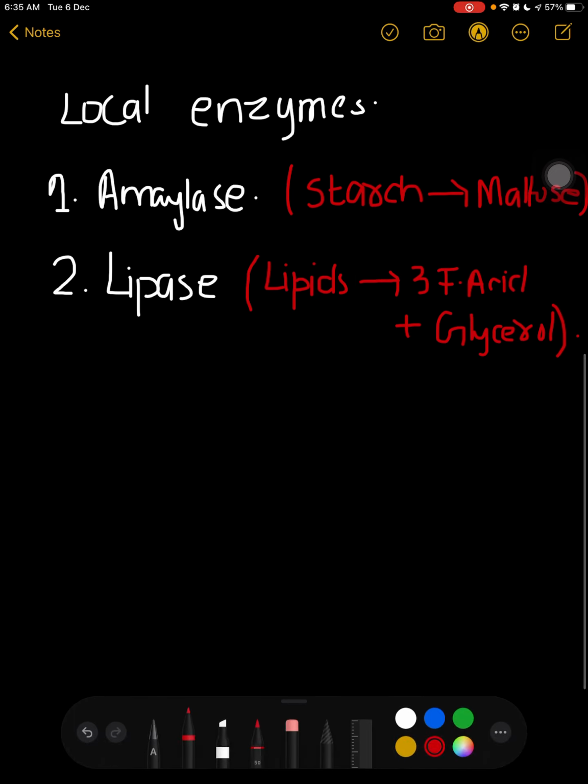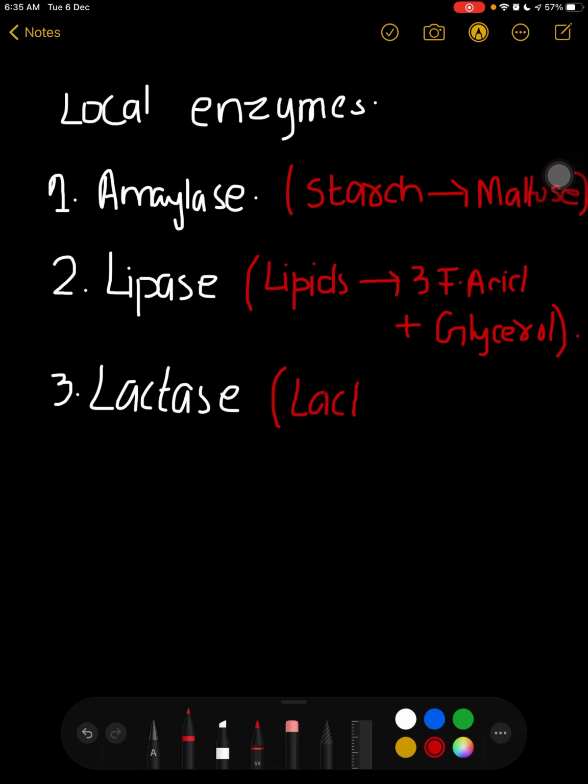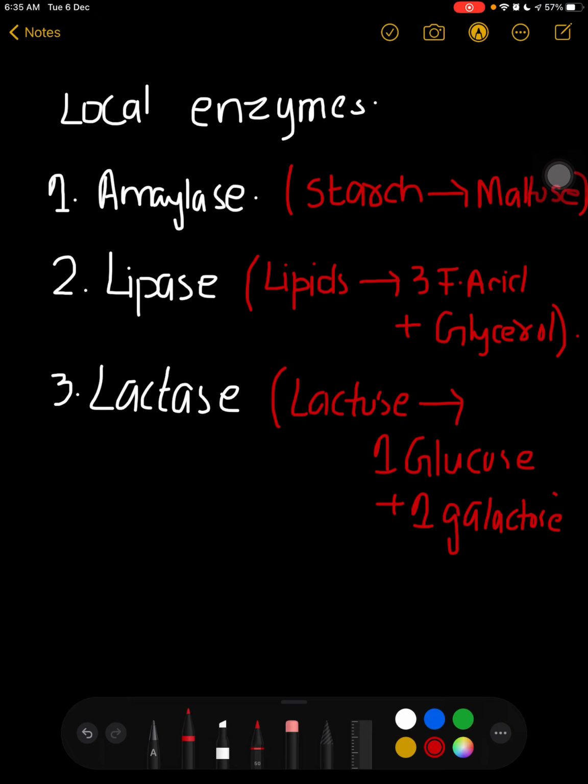Third, we have lactase. Lactase acts on lactose, which is milk sugar. It will convert lactose into 1 glucose plus 1 galactose, and galactose is also known as brain sugar.